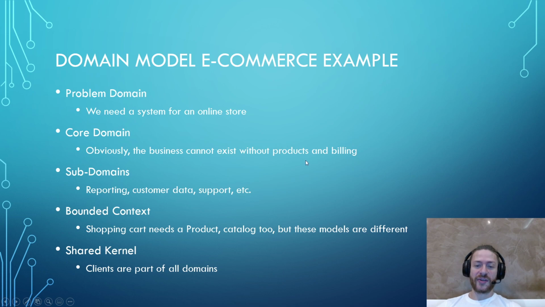The business cannot exist without products and billing, because our customers need to choose some products, so there must be some sort of a catalog on the online shop, and then from this catalog, the customer can choose a product and pay for it, or at least there should be some sort of a shopping cart. So the core domain is products and billing. The customer cannot exist without that.